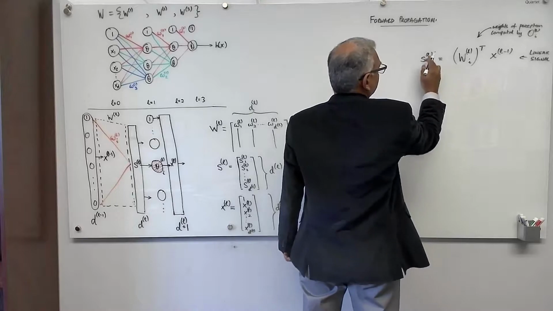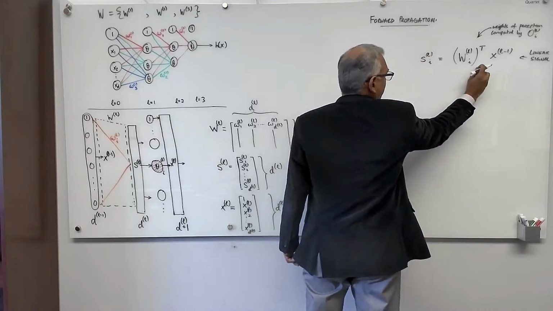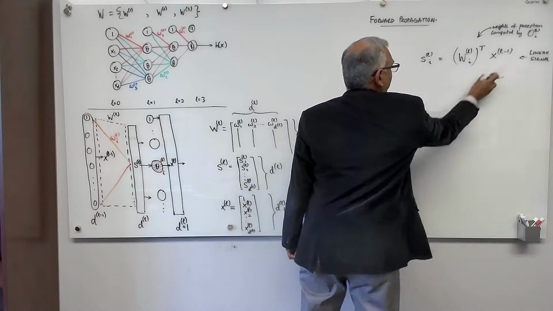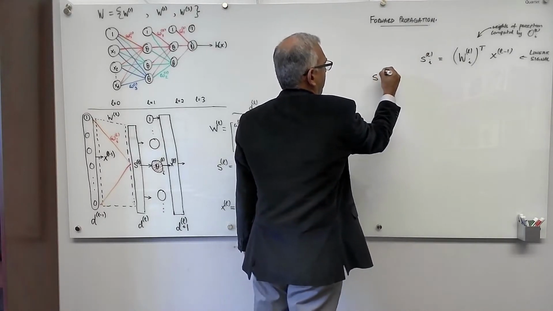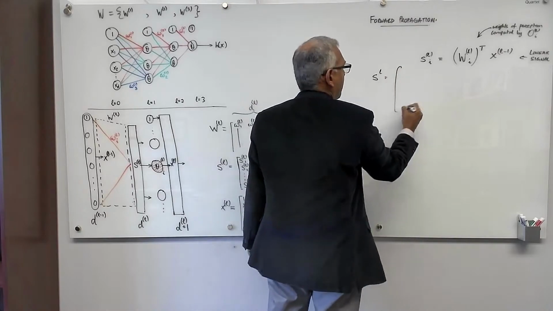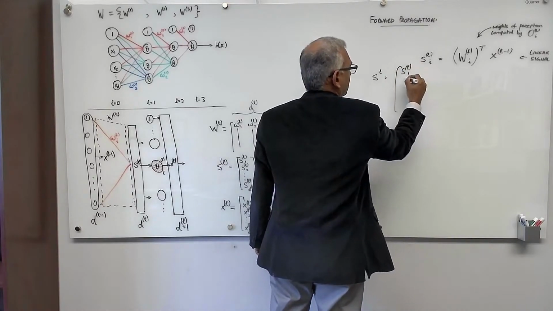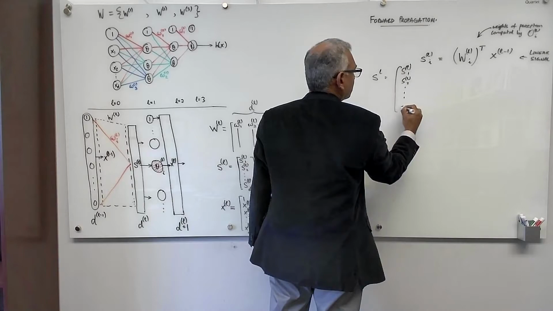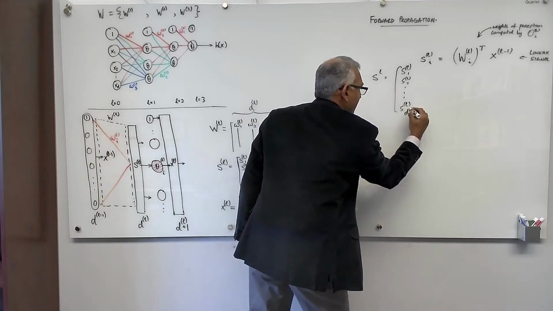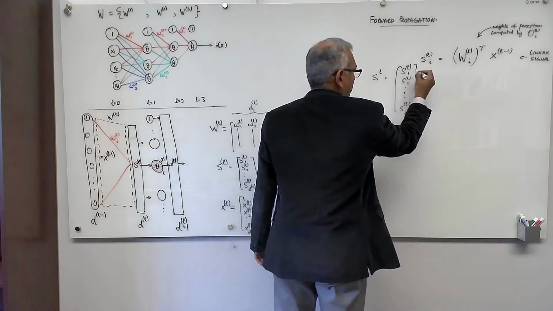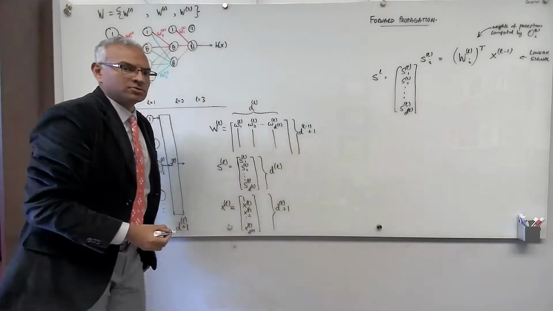So S_Li is this transpose, which is a row, times the previous output. Now let's look at the vector S_L, which is S_L1, S_L2, all the way to S_L d_L. What's the dimension of the output? d_L. So let's look at the entire input to this layer.